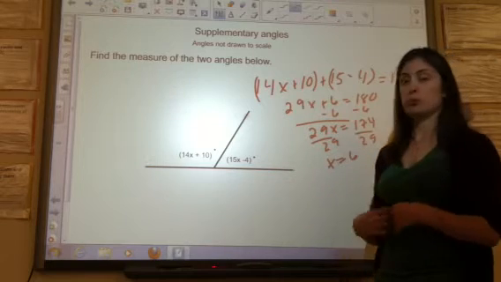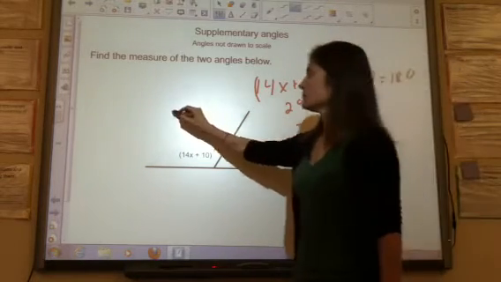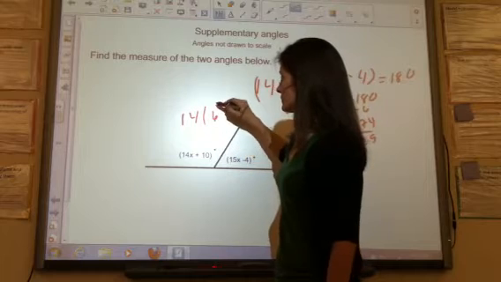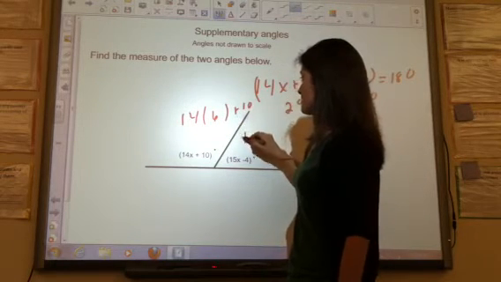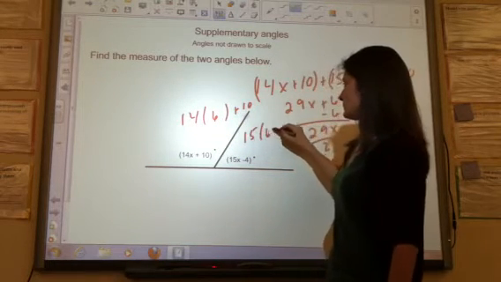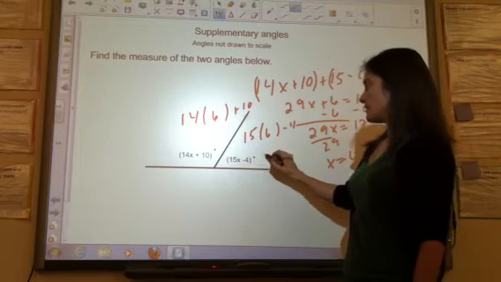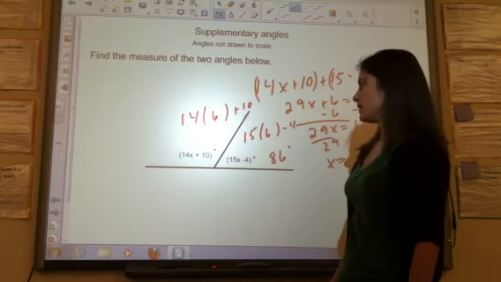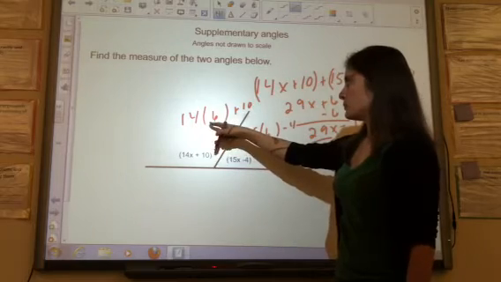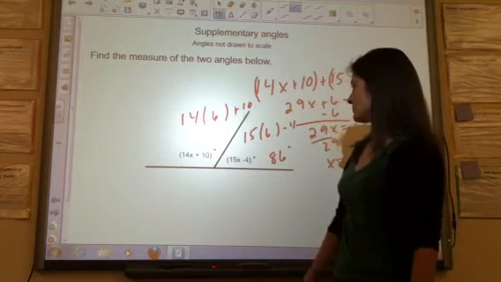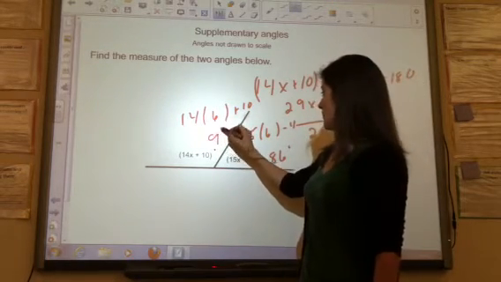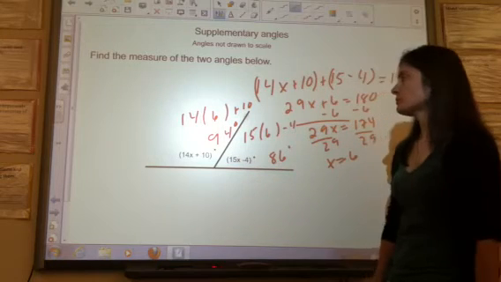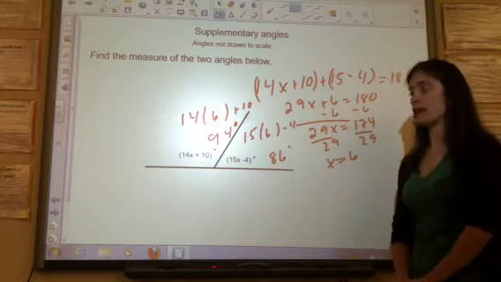And again, if you plug in, this little one is going to be the same 86 degrees as the other one was, and the other is 94 degrees. So again, these aren't drawn to scale.